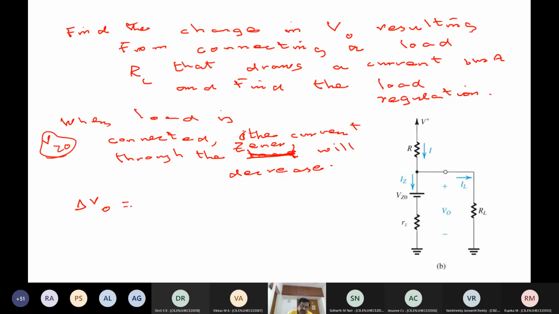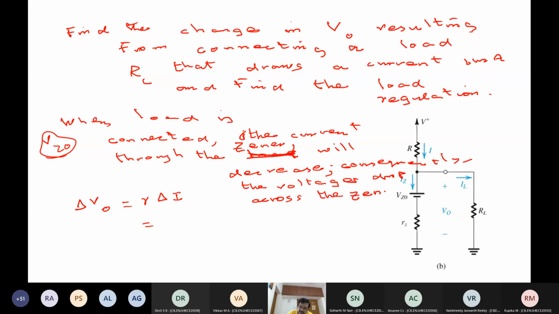Delta V naught will be r delta I. Because the load is drawing current, that much current will decrease, and consequently the voltage drop across the Zener will also decrease.